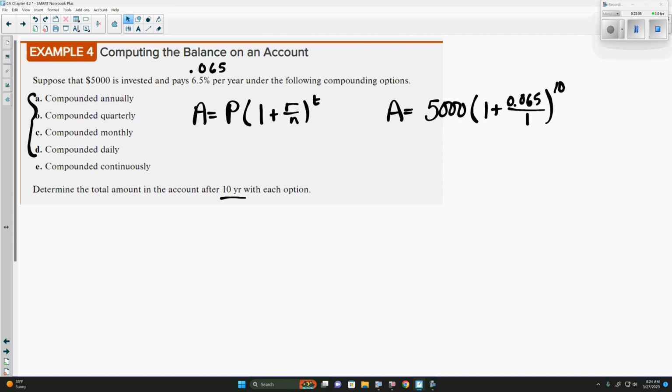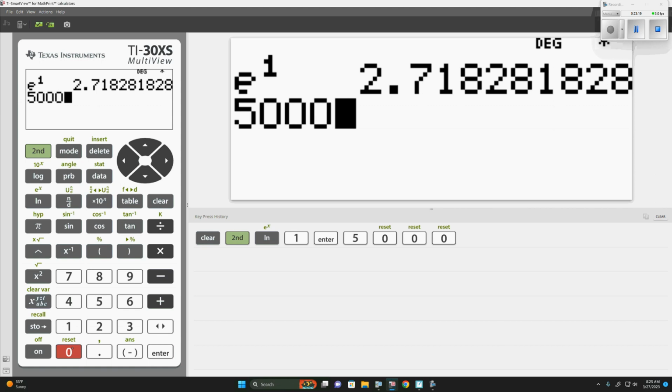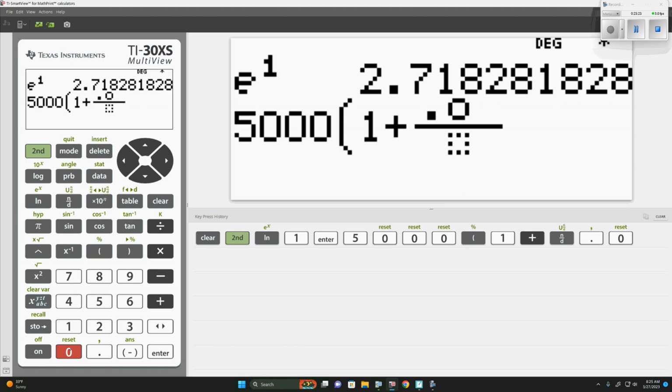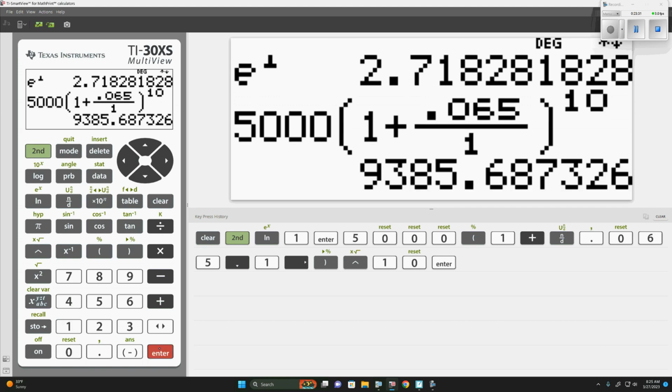So the first thing we're going to find is the compounded annually. And we're just plugging this in. So we can grab either calculator and say 5,000, parentheses 1 plus 0.065 over 1, to the 10th. And we can plug it in and get our answer.